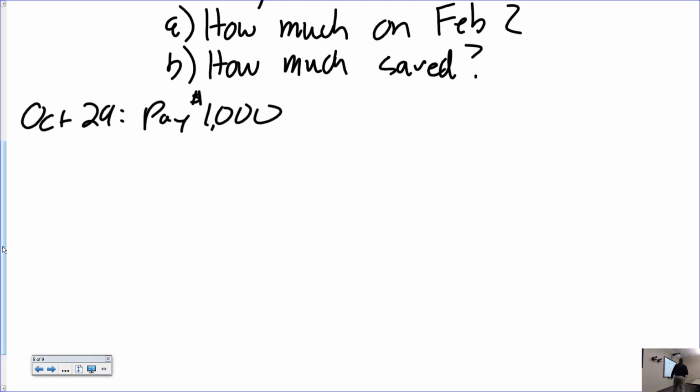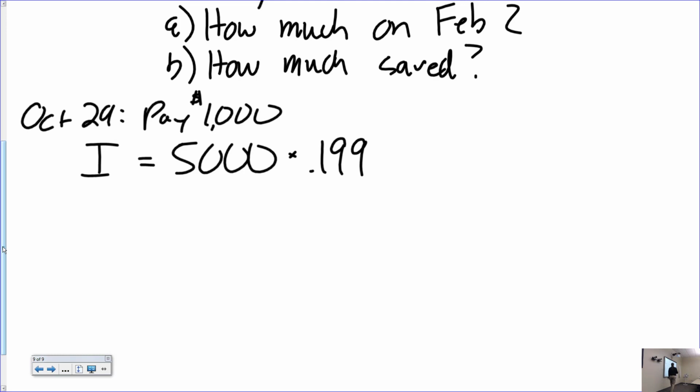Pay interest. What's my interest? We don't know yet. 0.199. That's the interest rate. Do the PRT. Borrow your $5,000 times 0.199 for the interest rate. Now, how much time?